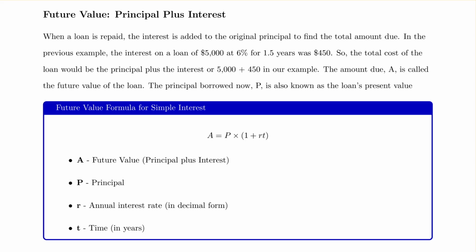So the total cost of the loan would be the principal plus the interest. The amount due at the end of the loan is the future value of the loan. The principal value now is the present value. So in order to calculate the future value, we would take the principal times 1 plus the interest rate expressed as a decimal times the time.